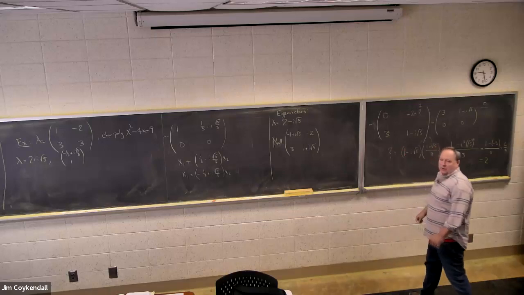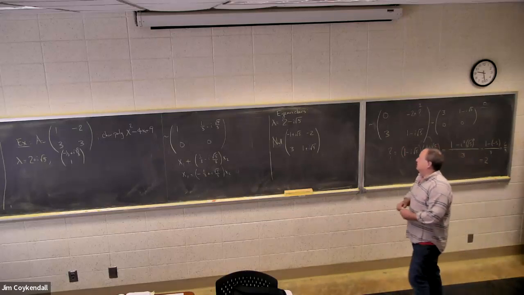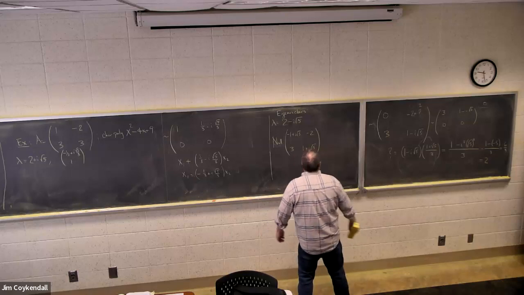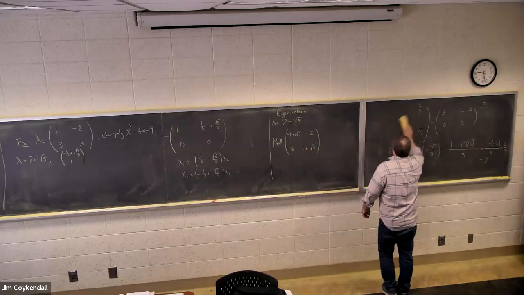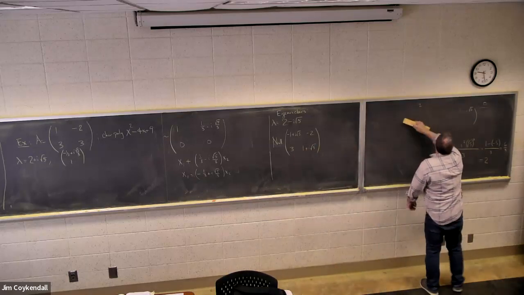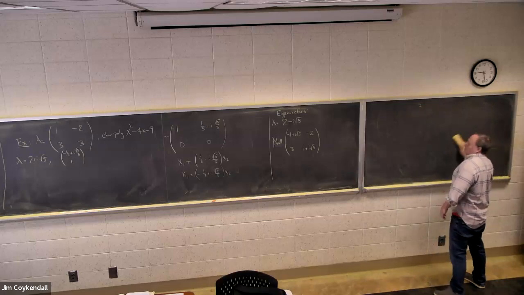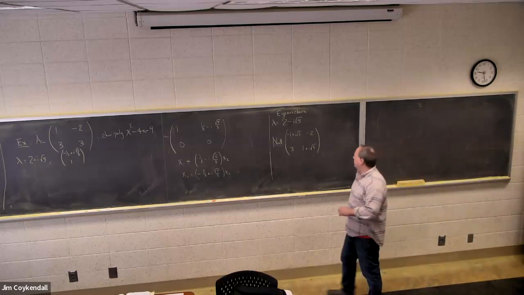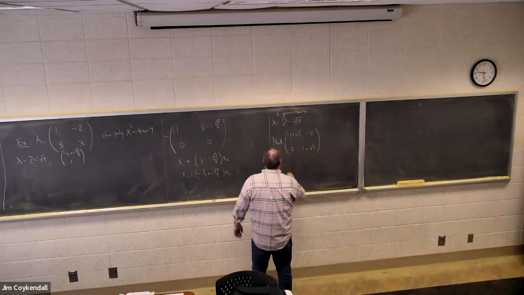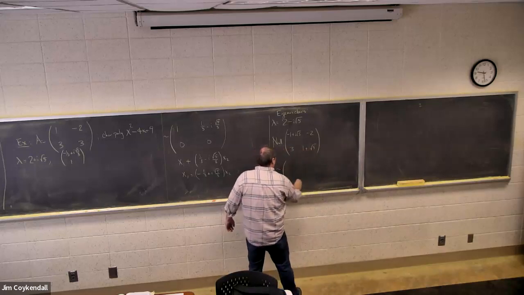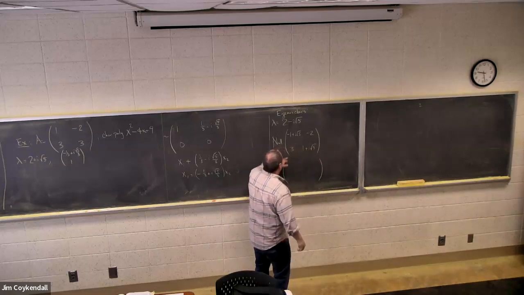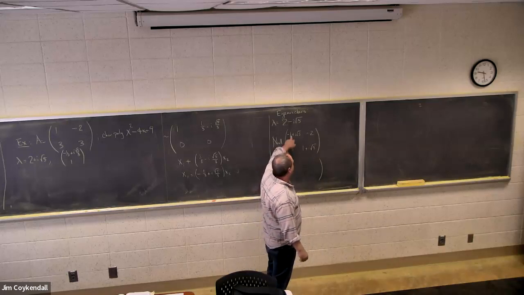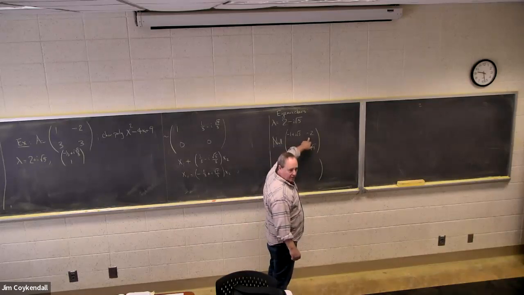So it's just like the previous one, only somebody conjugated it. So what happens when we go through this? If we've done this right, we do the same thing. This should turn into a row of zeros, shouldn't it?